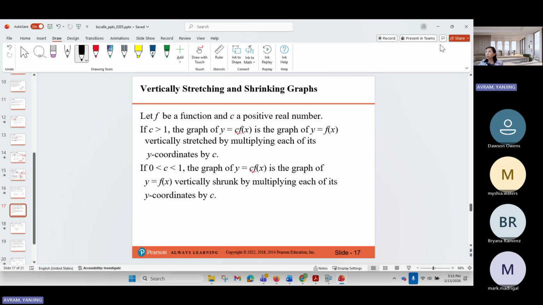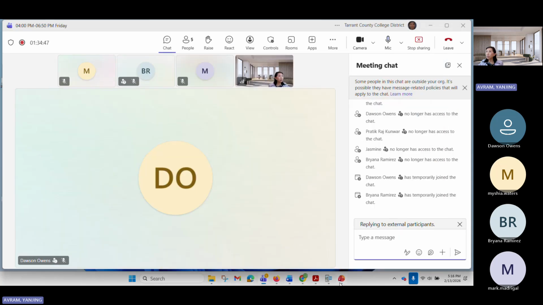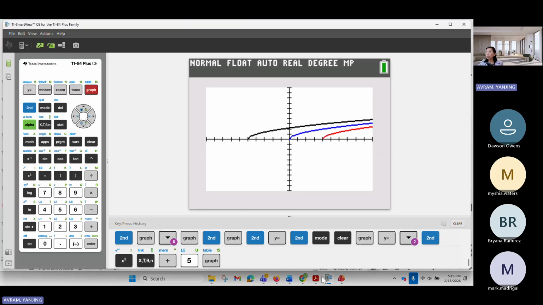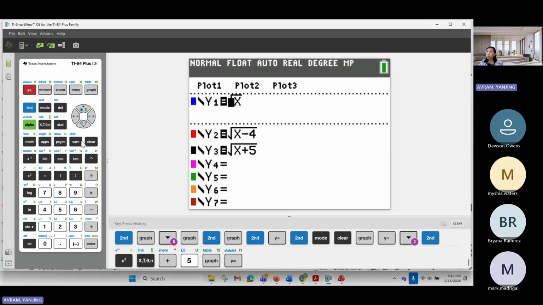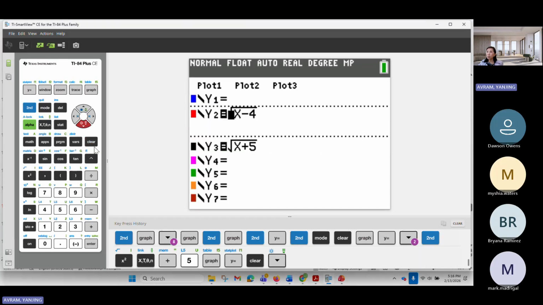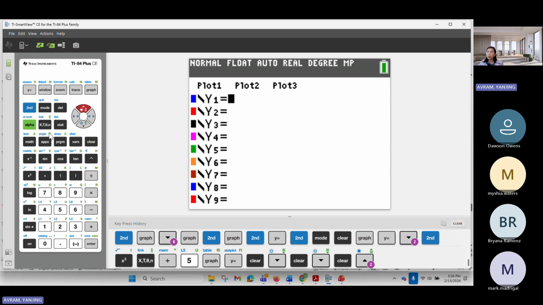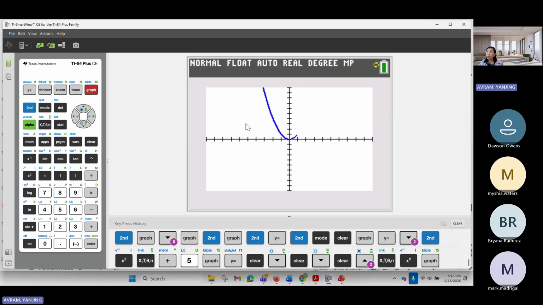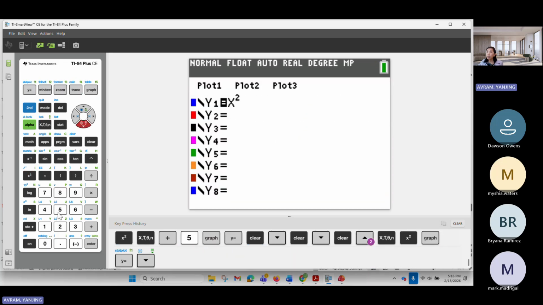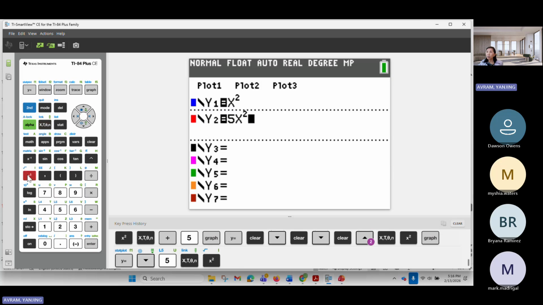Shrinking or stretching, okay? So I want you to go ahead and look at this graph in here, all right? So what does shrinking, stretching mean? If I have y equal to x squared, all right, so that is this graph, right? And then if I have y equal to 5x squared, what do you think?